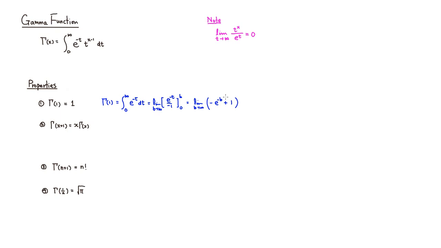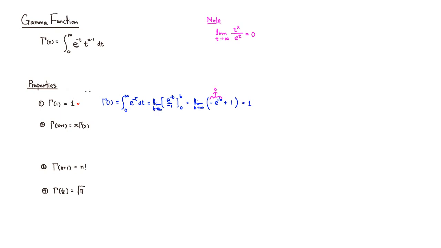As b goes to infinity, the first term approaches 0, so therefore you get 1. So we verified the first property.